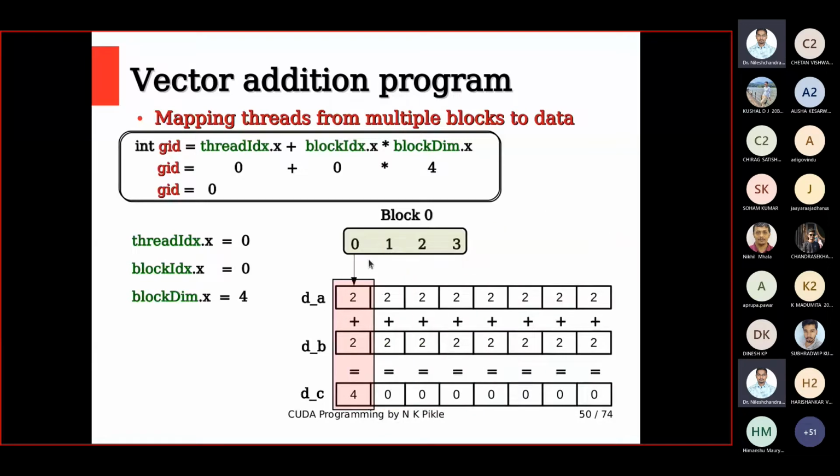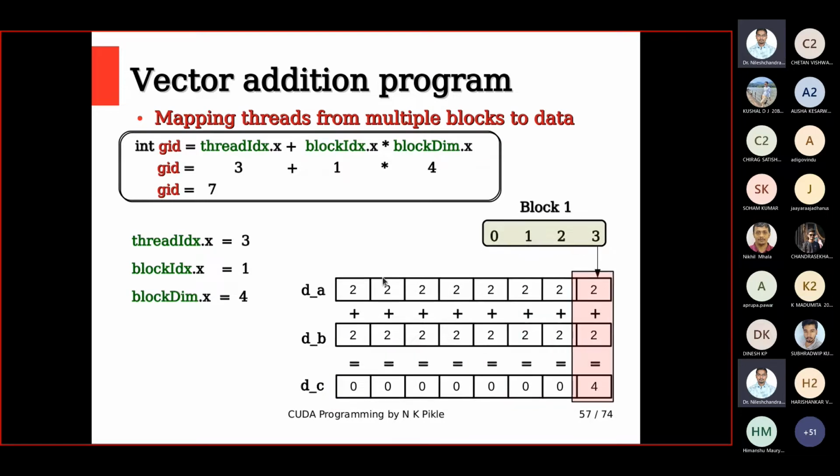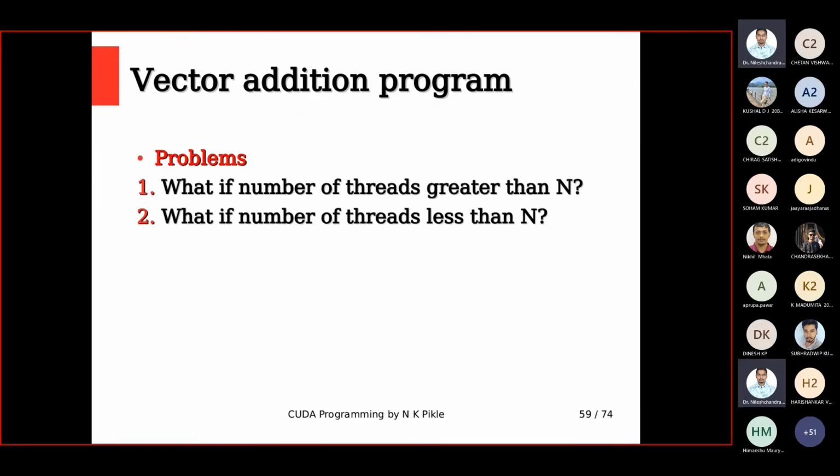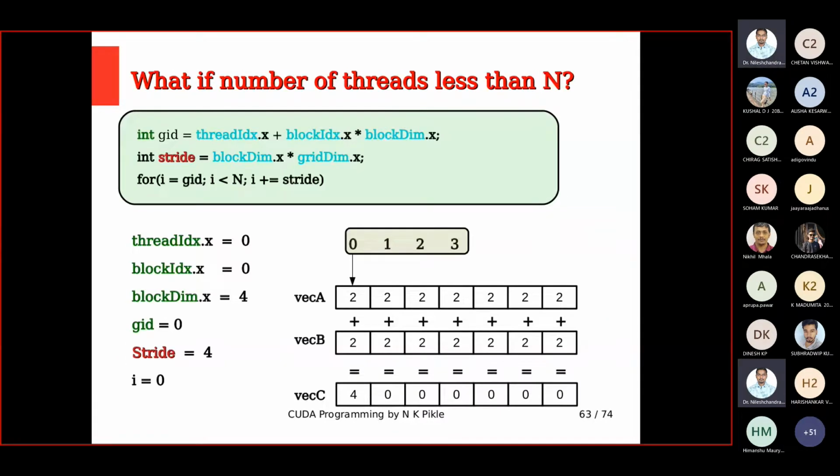Here we have seen the normal scenario, where every block performs its corresponding work. But if the number of threads is less than the total size, first we will assign the 0th thread to perform the 0th element, the first thread the first element, second, third.